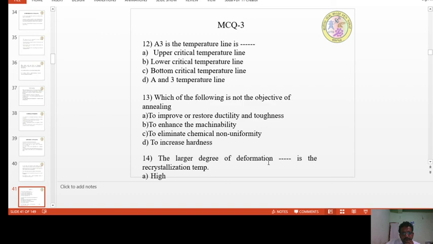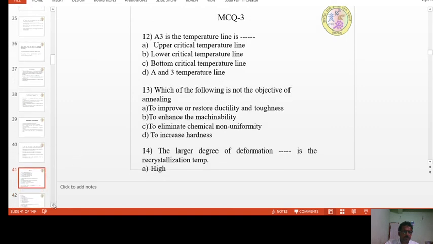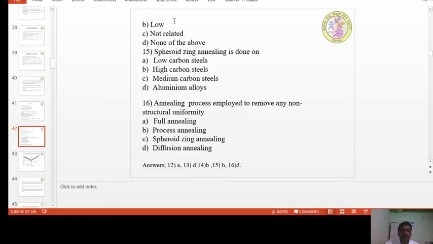Larger the degree of deformation, ___ is the recrystallization temperature. This we have seen. Larger the degree of deformation, what happens? Lower will be the temperature.